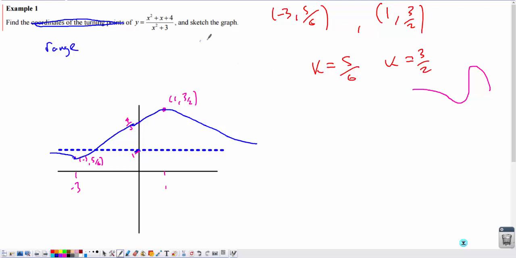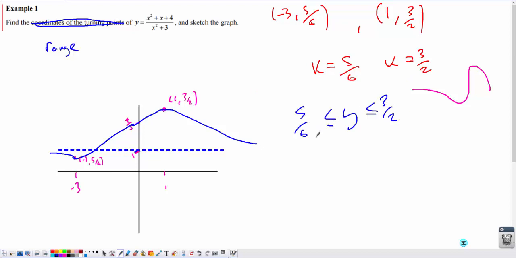The range of this function is y is greater or equal to 5/6 and smaller or equal to 3/2. Oops, other way around.